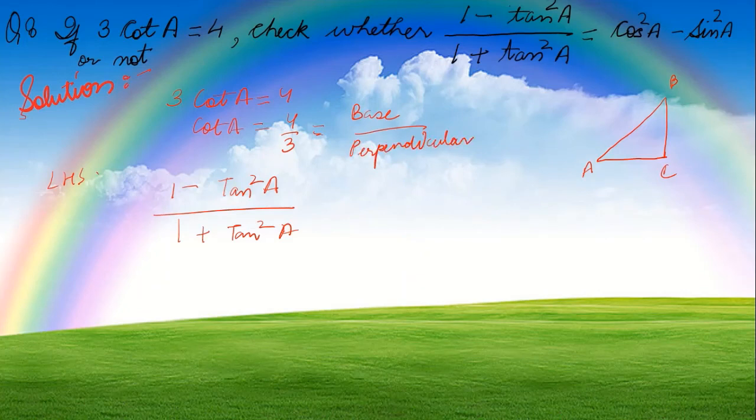Now for A, base is 4 and perpendicular is 3. So by Pythagoras theorem, calculate this. 4 square plus 3 square, 16 plus 9, that is under root 25, equals 5. So it is 5.